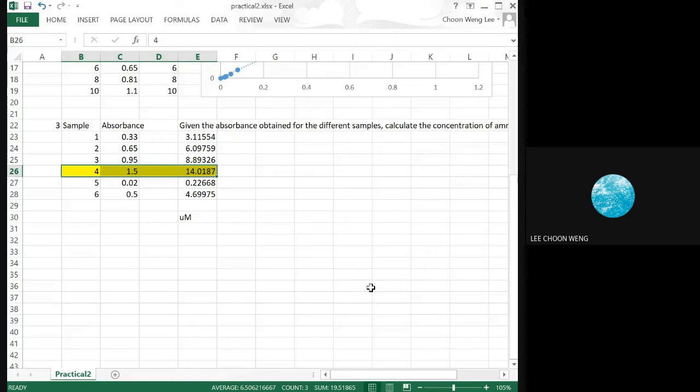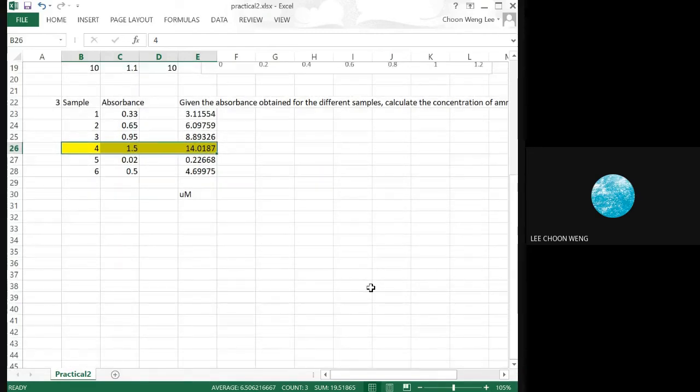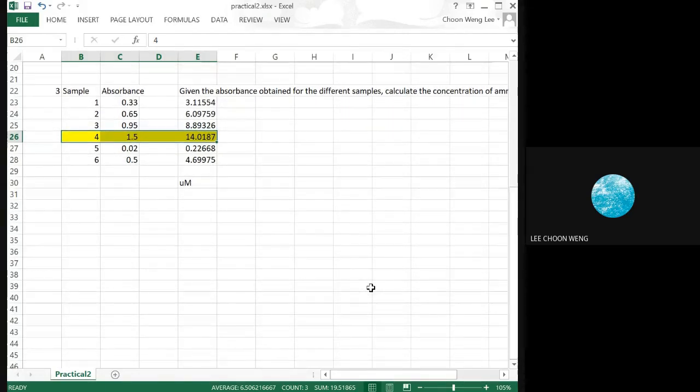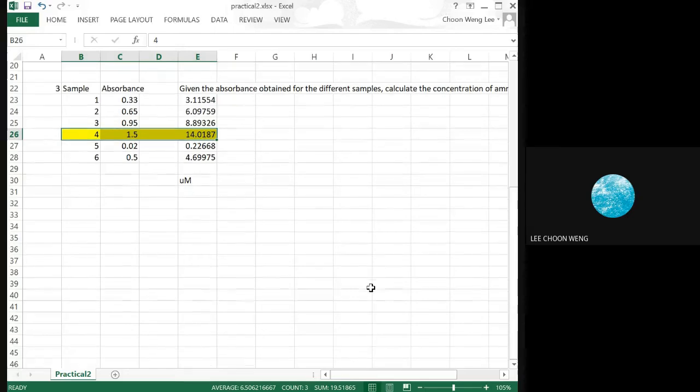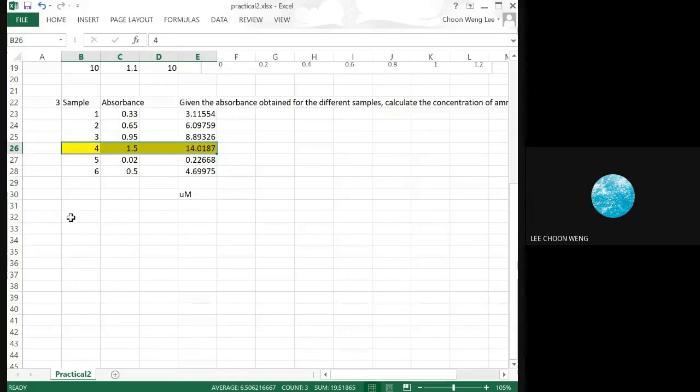So any questions? Okay. So I've told you that most of the nutrients that are of interest is the following.